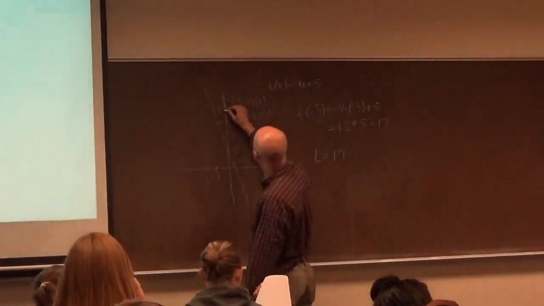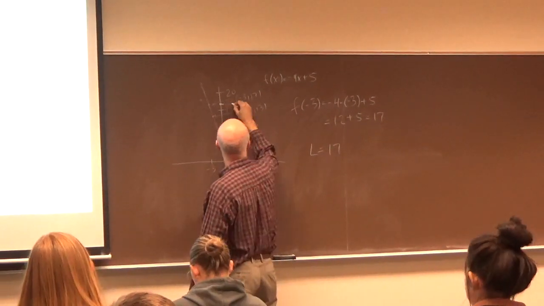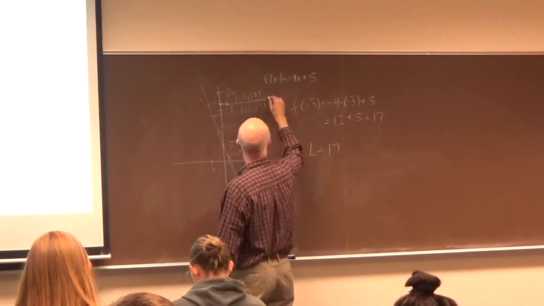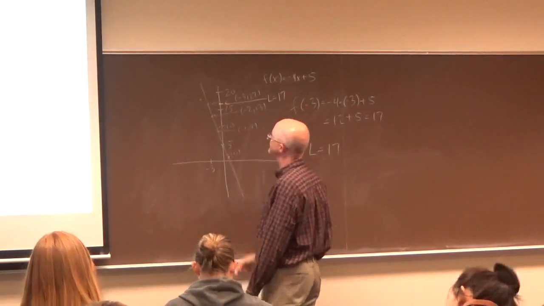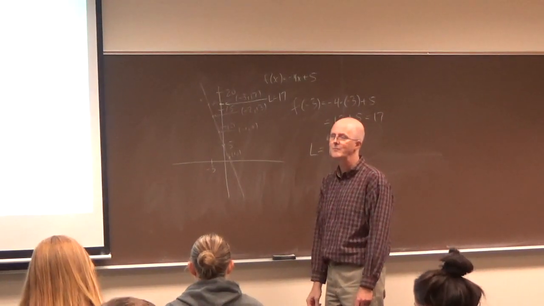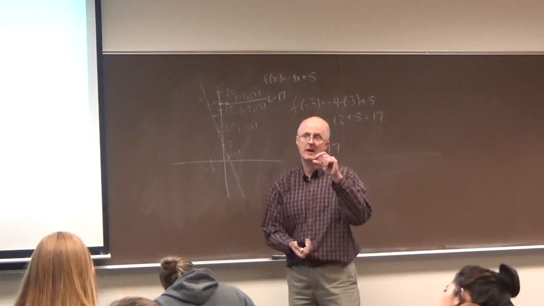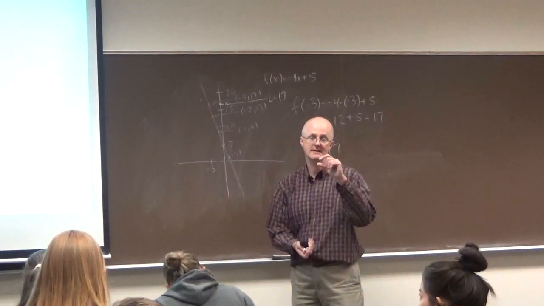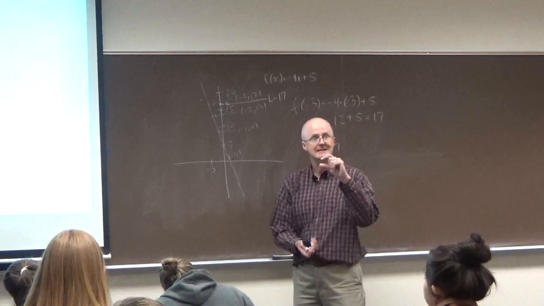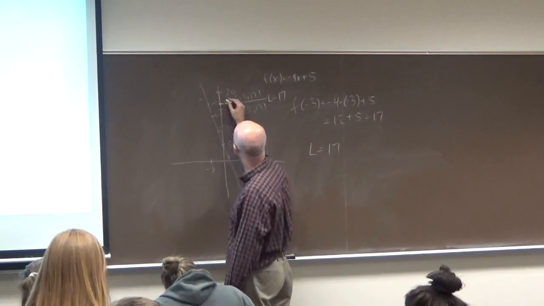On this vertical axis here, it's right there. There's L equals 17. Epsilon is a measure of arbitrary closeness to 17 in this case. It's a distance. You can think of it as a distance on this vertical y-axis.